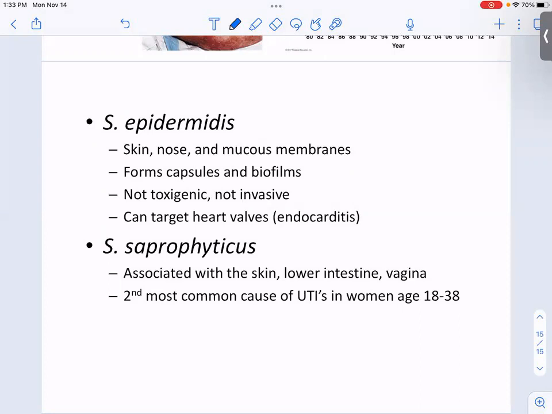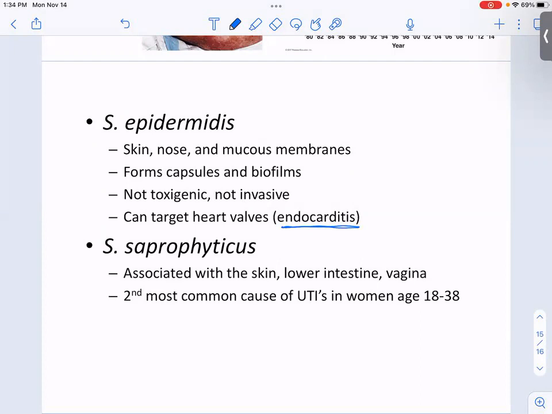So it's usually considered a mutualistic relationship that we have with Staph epidermidis. However, if it gets somewhere in the body that it doesn't belong, it infects a wound, for example, or gets in the bloodstream, the thing that you always hear about that this organism can cause is endocarditis, the infection of the heart valves. Again, that's pretty rare without some kind of other trauma.